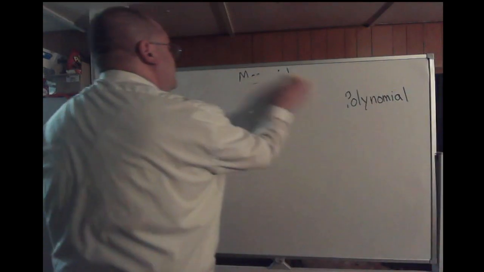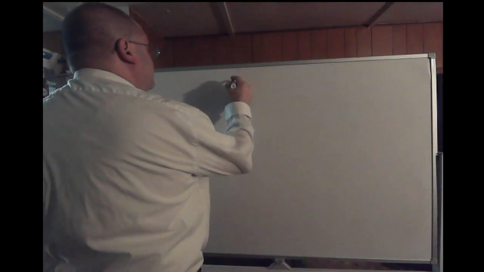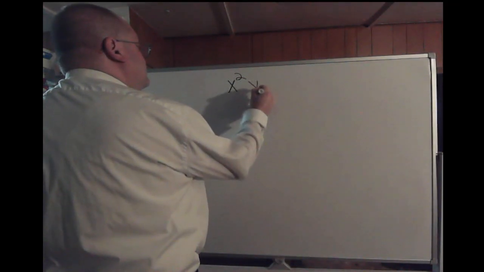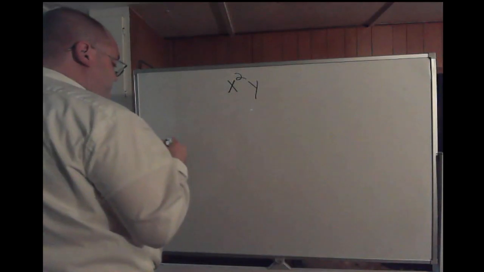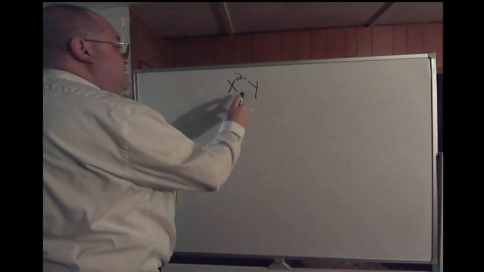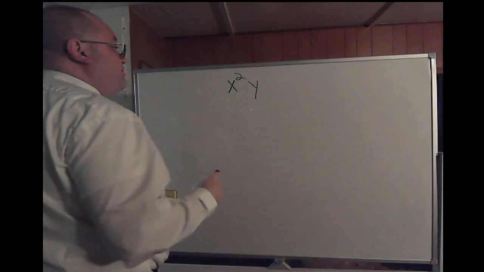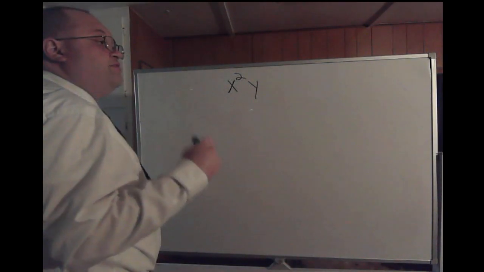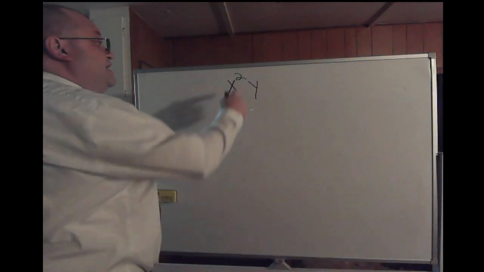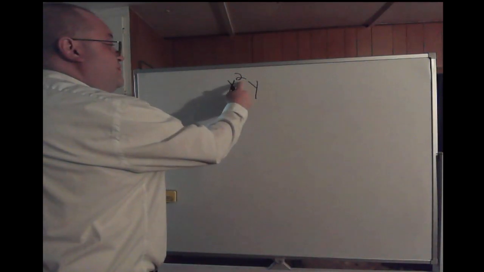Now, let's also say you have an expression like this. What if I had an expression like this, x squared y? What would be the degree of that monomial? If you have more than one variable, what you're going to do is you're going to take the sum of the degrees of each variable.